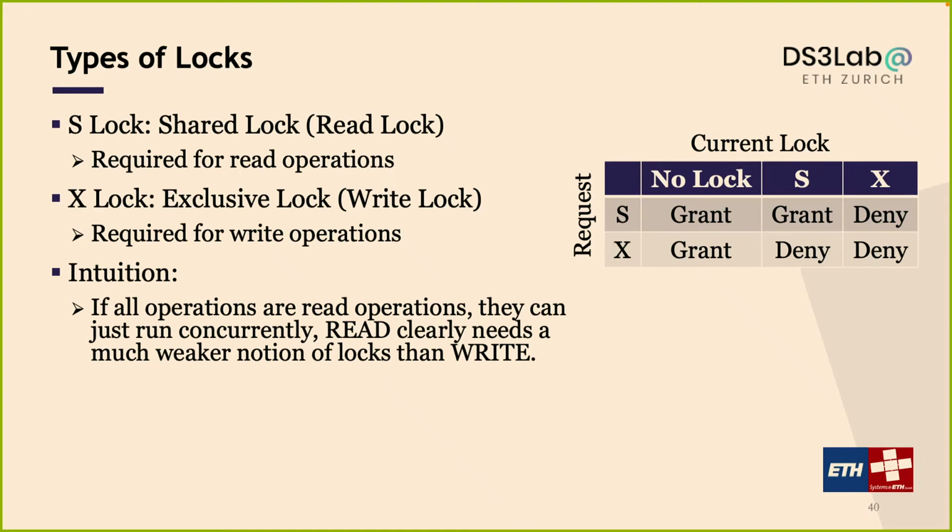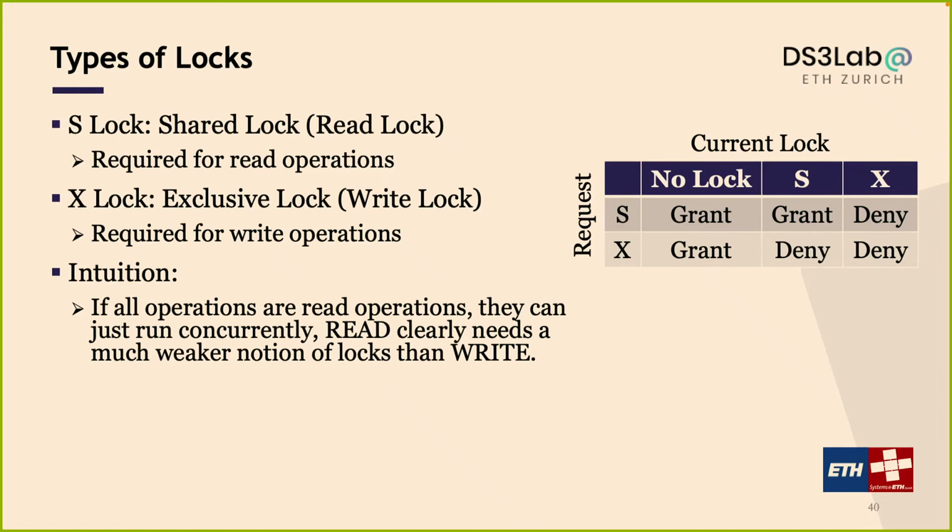When someone is holding the exclusive lock and someone tries to acquire a share lock, it's going to deny it; the share lock has to wait. Similarly for the exclusive one: when someone is holding a share lock and someone else acquires an exclusive lock, it's going to wait. Someone holding an exclusive lock and another person acquiring an exclusive lock is also going to wait. So this is the compatibility matrix of locks.